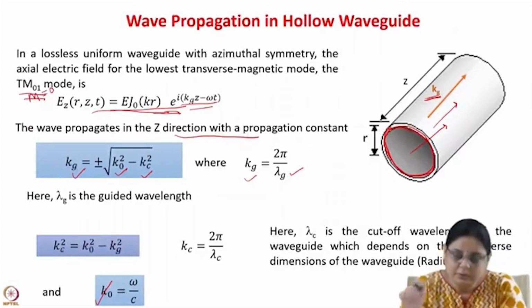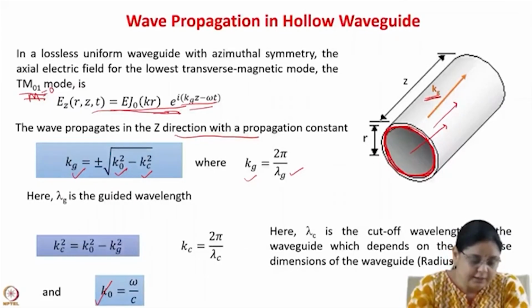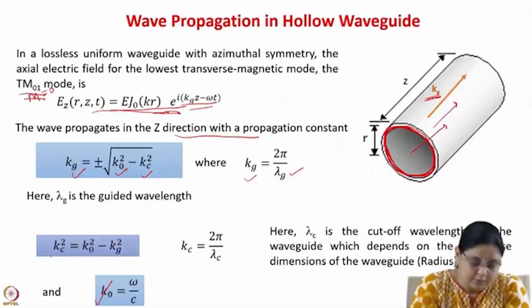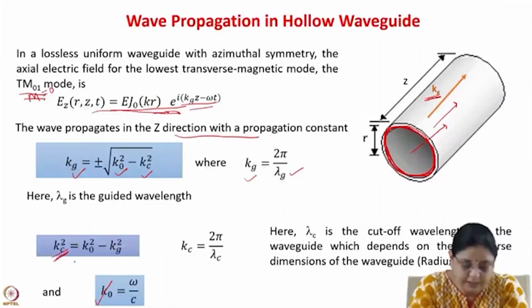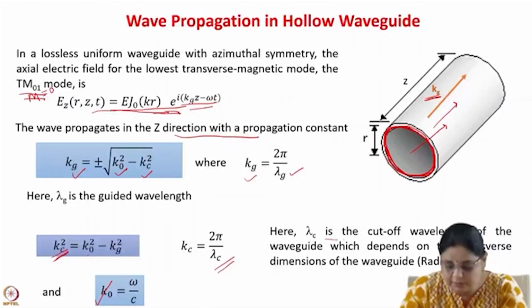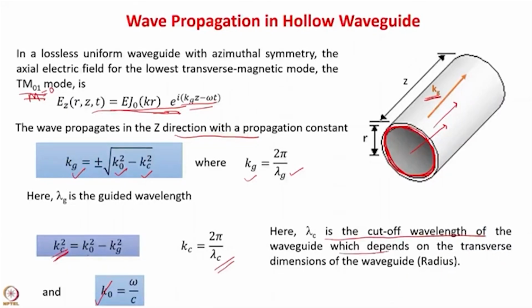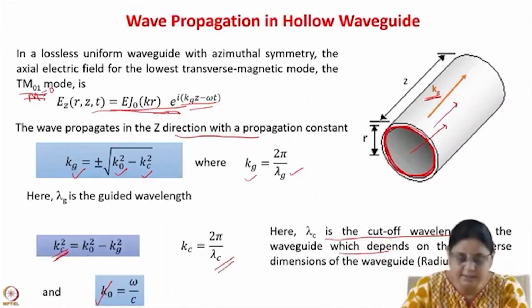In the directions in which boundaries are applied, that is r and theta, it has formed a standing wave, and the wave number associated with this standing wave is given by kc, which is the square root of k0 squared minus kg squared, where kc is equal to 2 pi by lambda c. Here lambda c is the cutoff wavelength of the waveguide, which depends upon the transverse dimensions of the waveguide, in this case the radius.